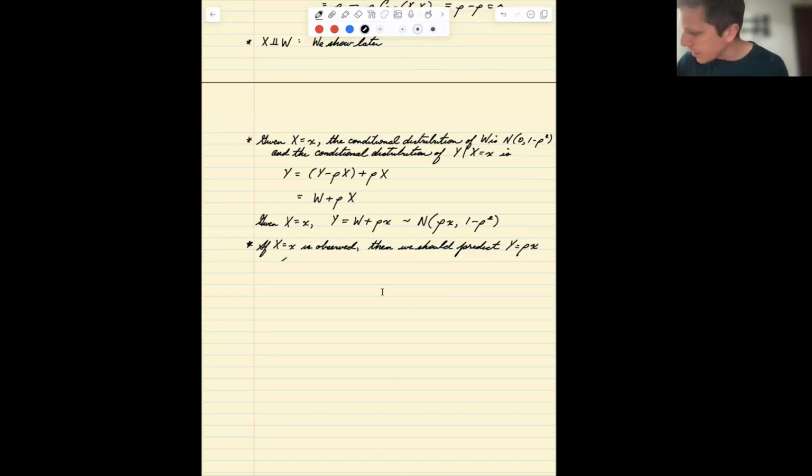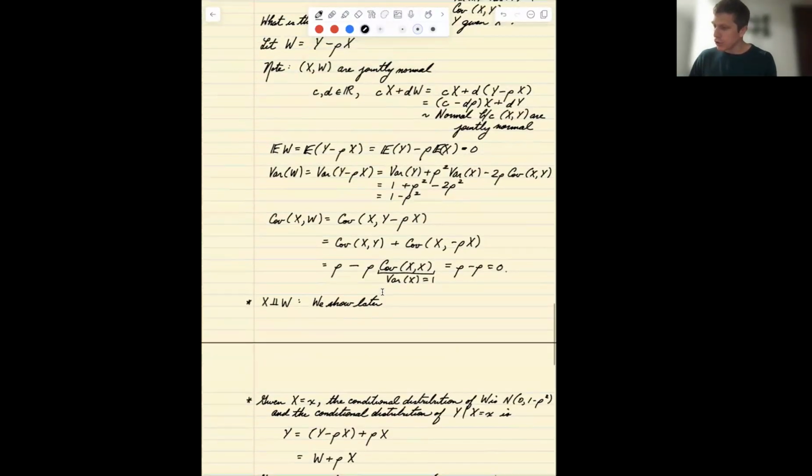And the margin of error in this case is the square root of 1 minus rho squared, which is the standard deviation of the conditional distribution of Y given X. So this is how we would do these calculations in the case where we have jointly normal random variables.